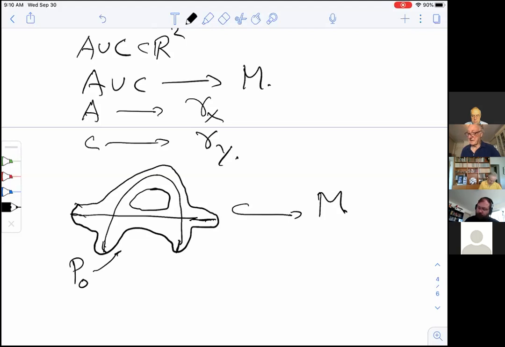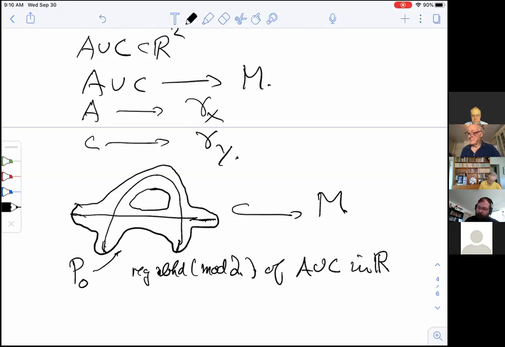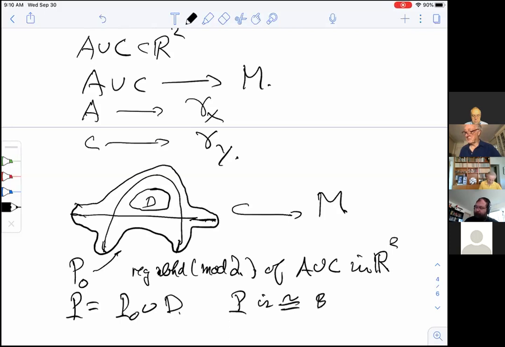It's just the regular neighborhood, in some sense, mod boundary of A union C in R^2. Okay. And P will simply be P naught union this disk D. So P is diffeomorphic to a ball. It's contractible. Okay.